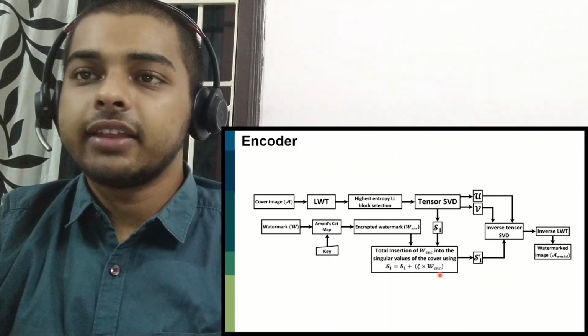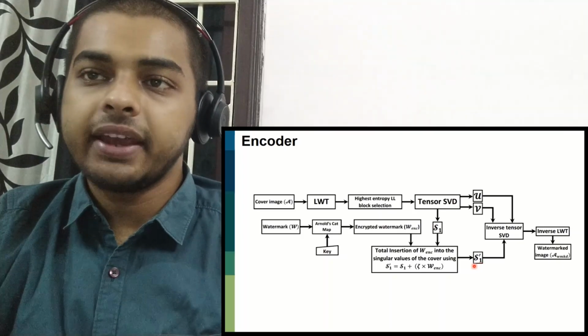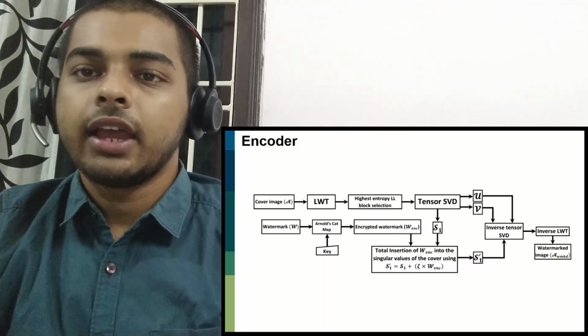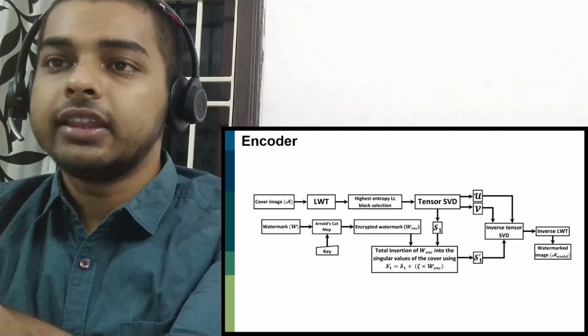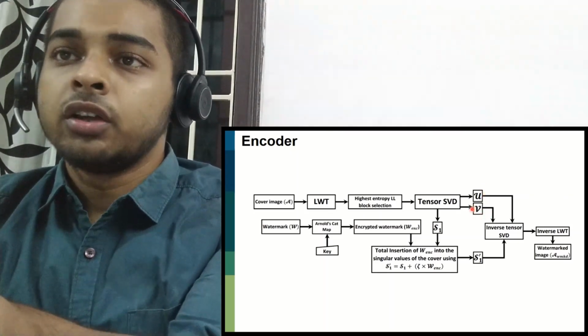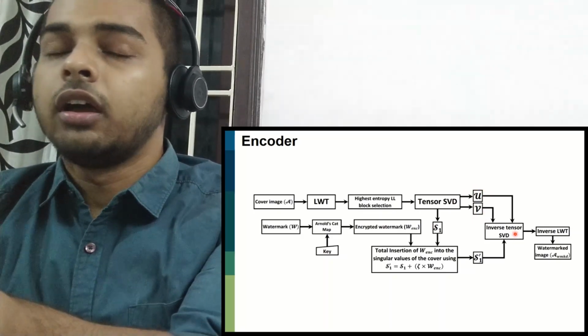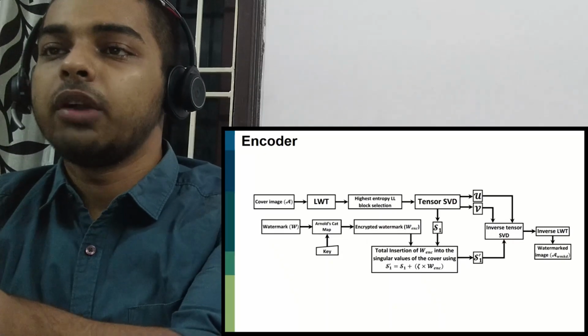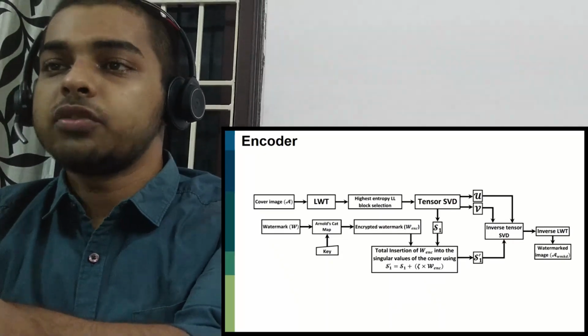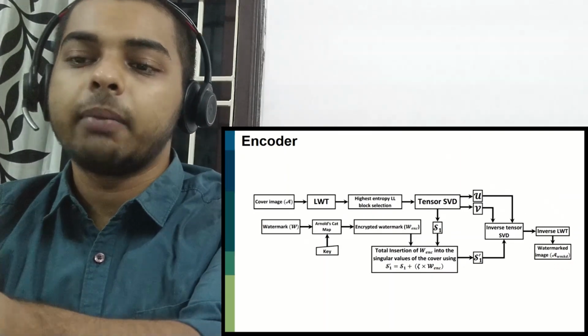After that, we'll get the modified singular matrix, and we'll combine this modified singular matrix along with the unchanged U and V matrices to perform the inverse tensor SVD, and after that we'll perform the inverse LWT and we'll get the watermarked image. This watermarked image we can now share via physical media, the internet, or public broadcasting systems.